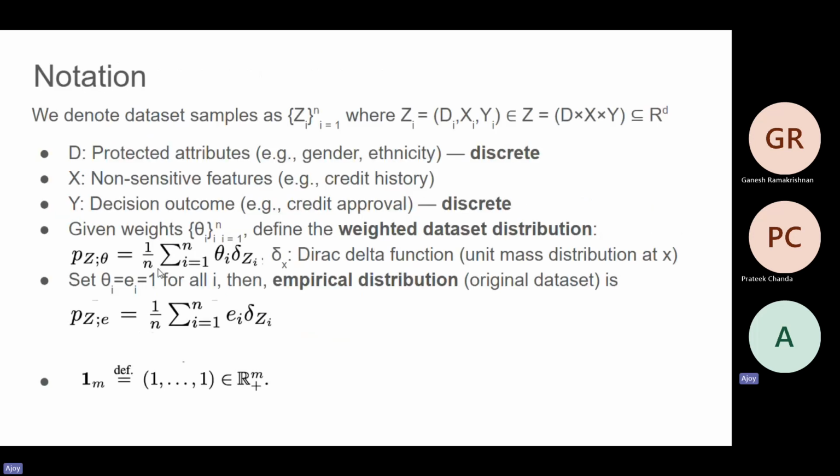Here P_z of theta is that of the coreset, and this is basically a weighted average of the Dirac delta functions, and similarly a representation of the original data set. The sample is represented as z, which is basically d, the demographic classes, and x, which is the input, and y is the output. And we are considering it for classification tasks, so y and d are both discrete.